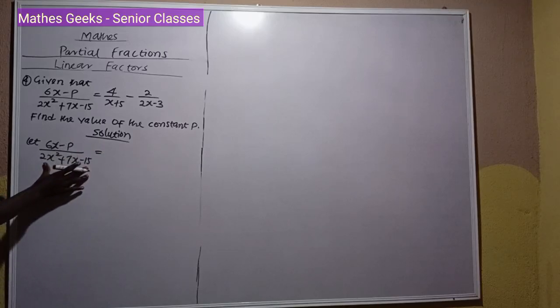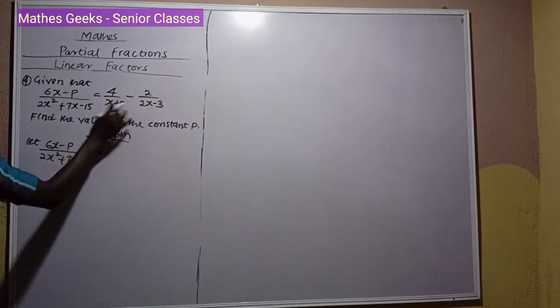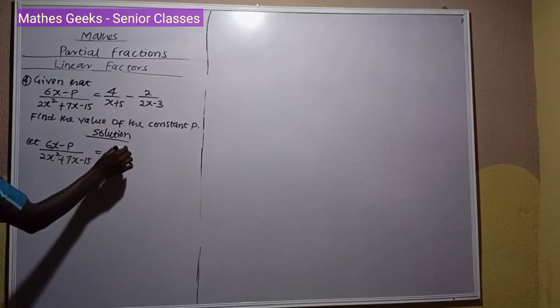So this part of the equation, this part of the fraction has been factorized. These are the factors of root 6x.